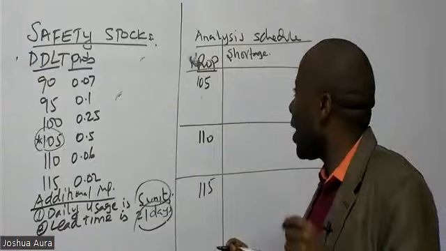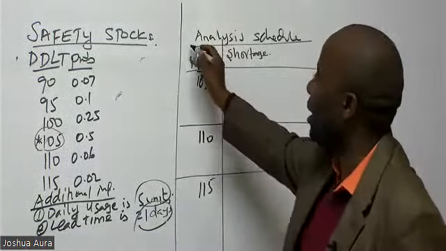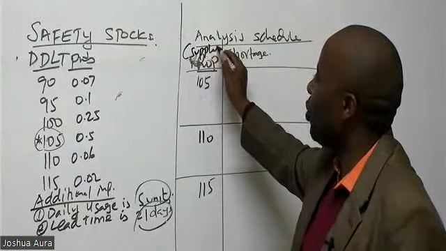Now listen, how do I get this shortage? I'll come to the demand. ROP is the same as supply. This is what you have supplied.